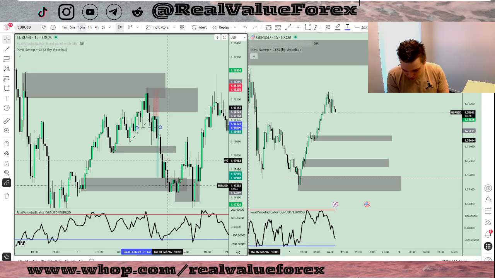When we hit the target, we make market structure shift, so we see that the market wants to reverse now. We wait for our 50-minute order block and entry confirmation, and usually that's really fast, and it was fast.